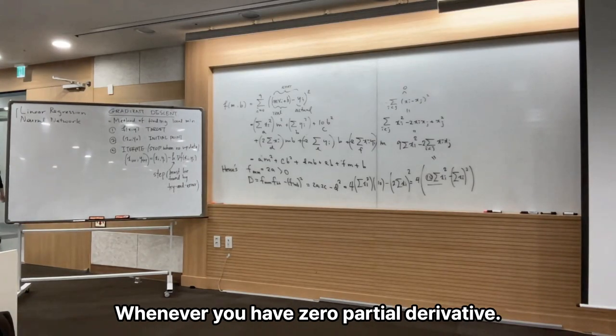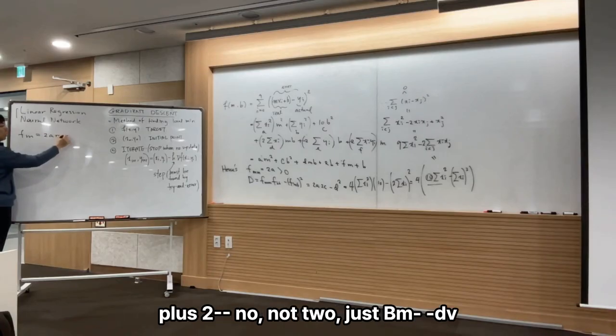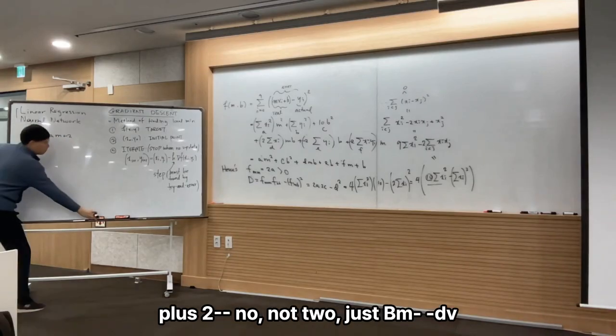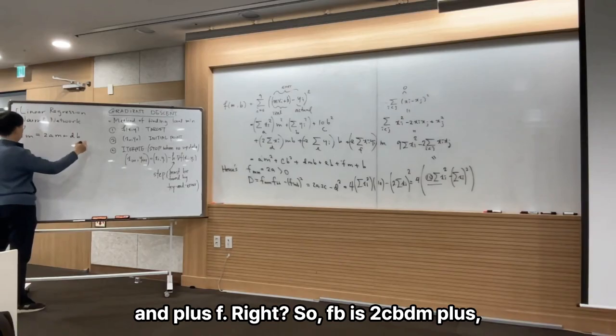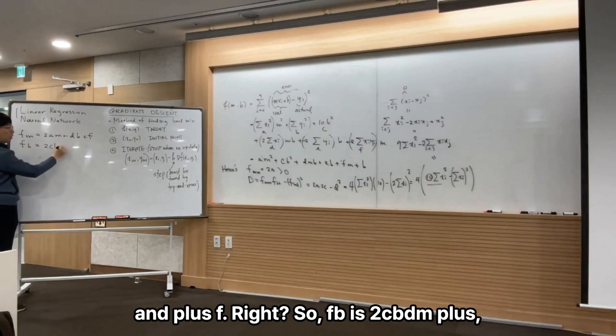Whenever you have 0 partial derivative. So here fm is 2am plus d b plus e, right? So fb is 2cb plus dm plus f.